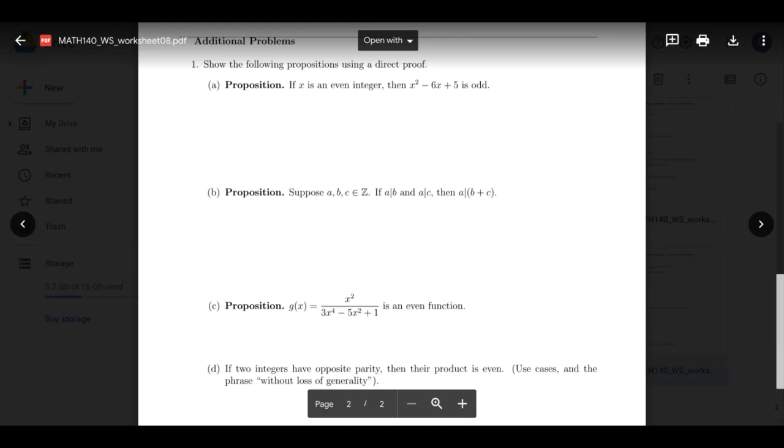So you have 2 times something inside the parentheses. Whatever is inside the parentheses, you can treat as a k. It's an integer, right? So you have 2k plus 1. As long as you can write something as 2k plus 1 and k is an integer, that proves that's an odd number.